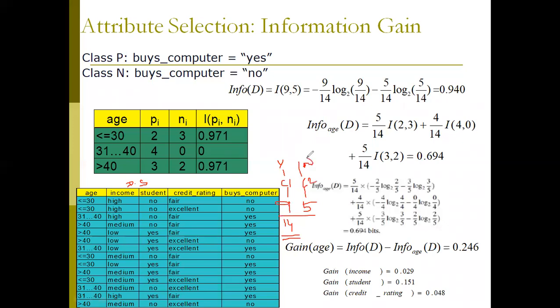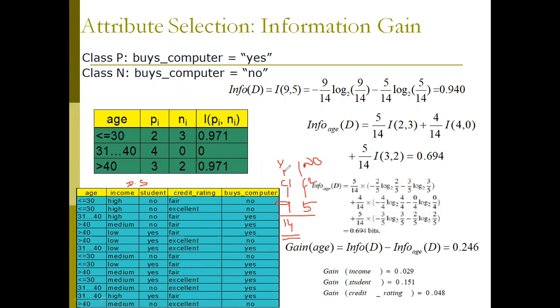So this is the total table tuple information. Within this data set, we have 14 tuples in total. Within this, 9 records are labeled with yes and 5 records are labeled with no.